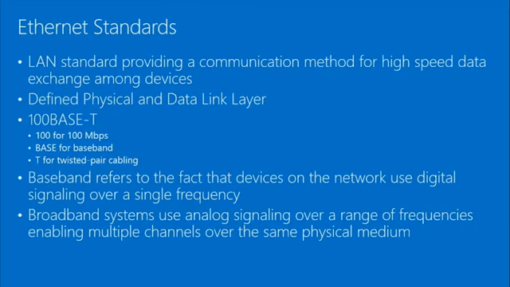So Ethernet standards. We've talked about Ethernet. Ethernet standards is basically the standard for communication over networks. This has a frame type, so how data is packaged and sent over the wire. It has a physical media that can be described.